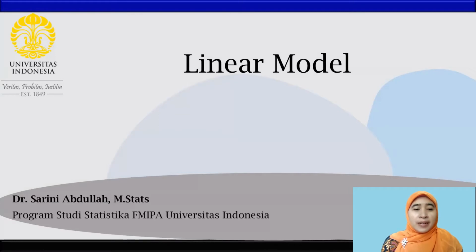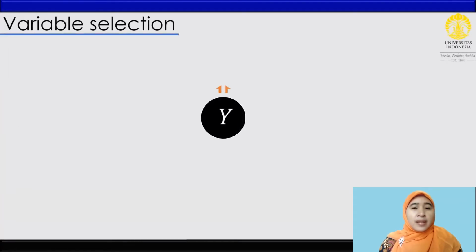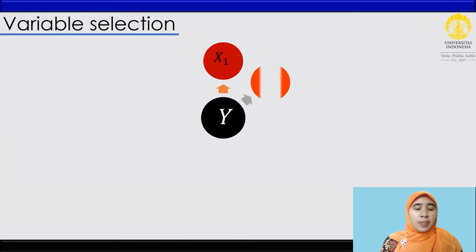For this session, we will learn about some limitations when we are using stepwise procedure in variable selection method. So just a quick recall on the problem of variable selection.